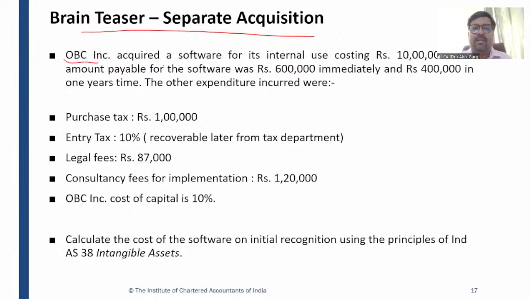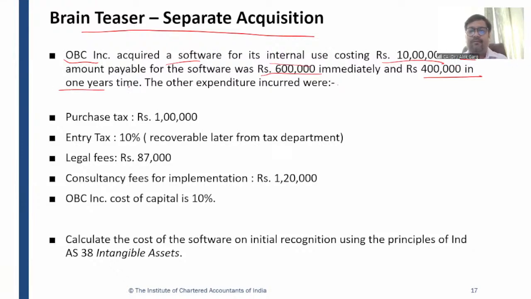This company has acquired a software for its internal use costing rupees 10 lakh. What is the purchase price? The purchase price is 10 lakh rupees. The amount payable for the software was 6 lakh rupees immediately, and the company is paying 4 lakh rupees in 1 year's time, after 1 year, right?